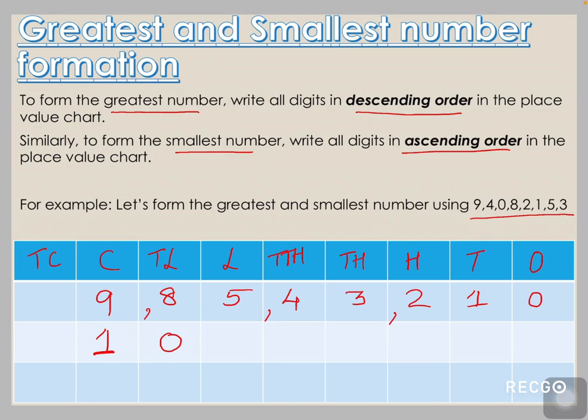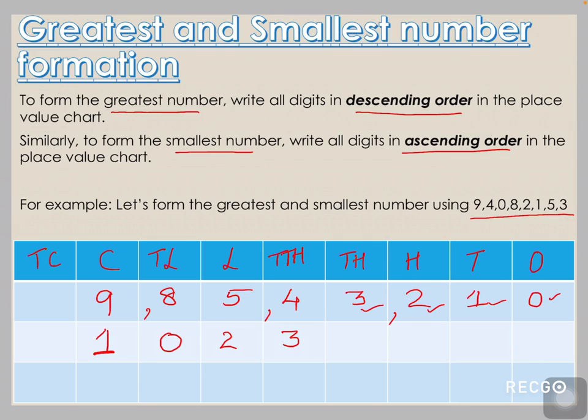Now let's begin in ascending order. After 1, since we wrote 0, the bigger number after 1 is 2. Then what is the bigger number? 3. If you see the above number, you just have to go backward, like 0, 1, 2, 3.